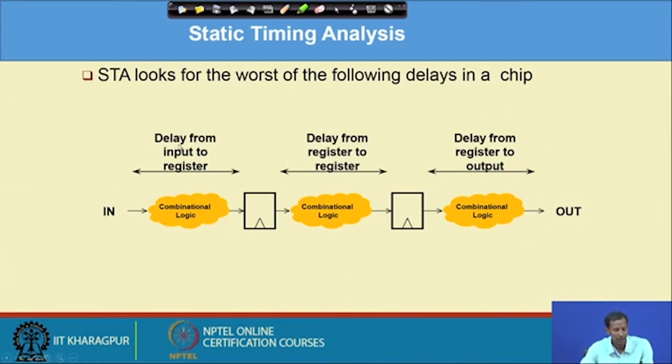This is the delay from input to the register, which happens because of this combinational logic. Then the delay from register to register, considering the corresponding logic available in the combinatorial logic, and the delay from register to the output, which again passes through another combinatorial logic.